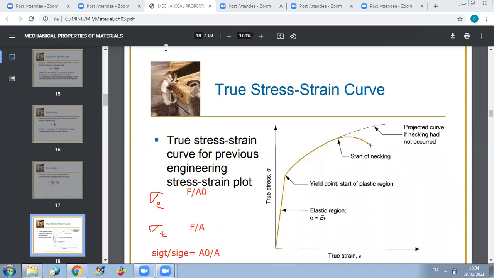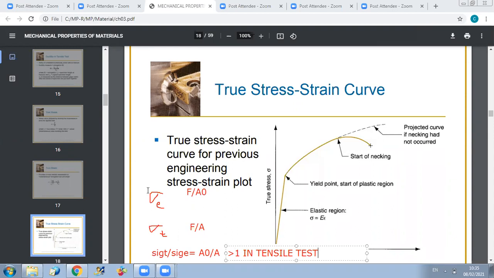So in a tensile test this ratio is higher than 1, while in a compressive test it will be the opposite. So in a tensile test, the true stress will be higher than the engineering stress.